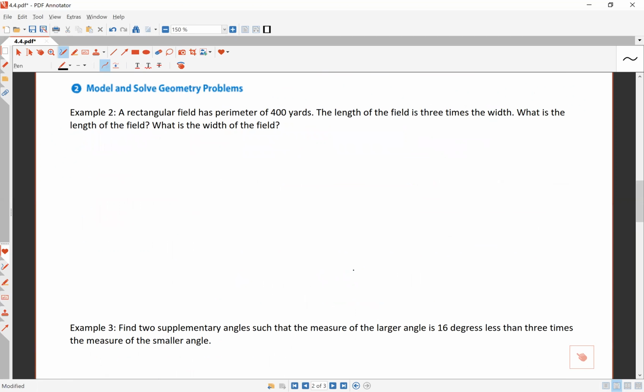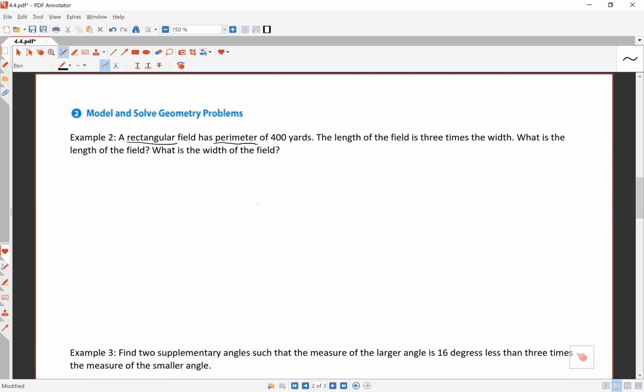Example 2. Perimeter problems. For perimeter problems of rectangles, we need to remember that with a rectangle, the perimeter includes 2 of the L's and 2 of the W's.